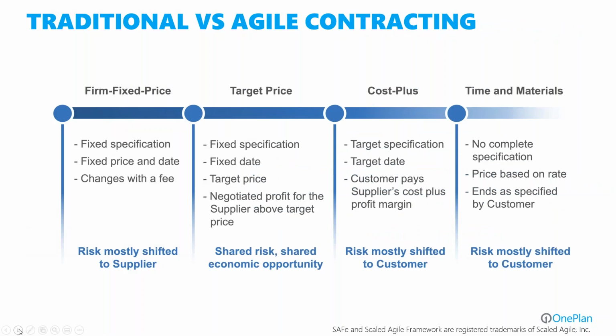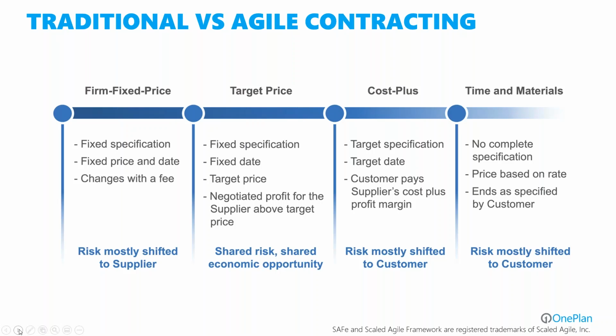Agility extends into how you deal with your suppliers and contractors. So there's also Agile Contracting. Again, another shift that's going on today. On the far left of this picture, you've got typical fixed price contracts where the supplier's carrying a lot of the risk.